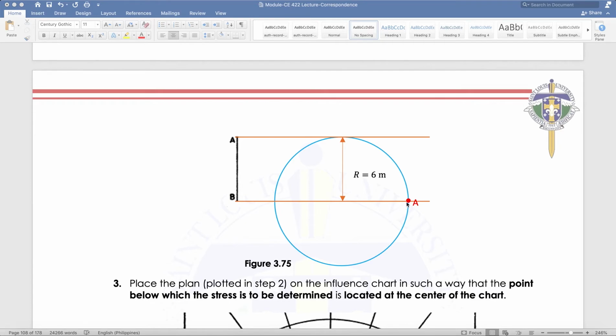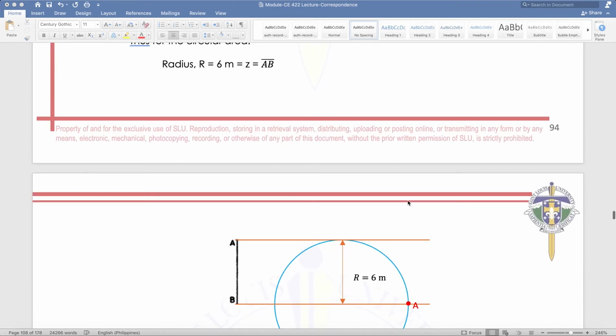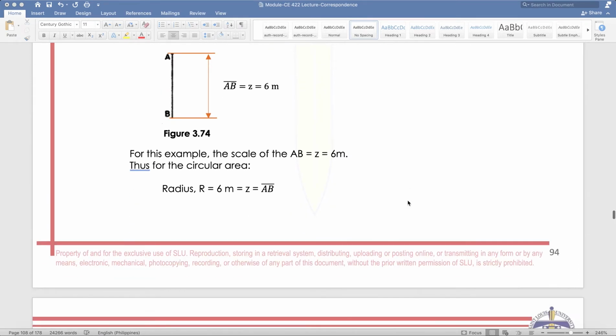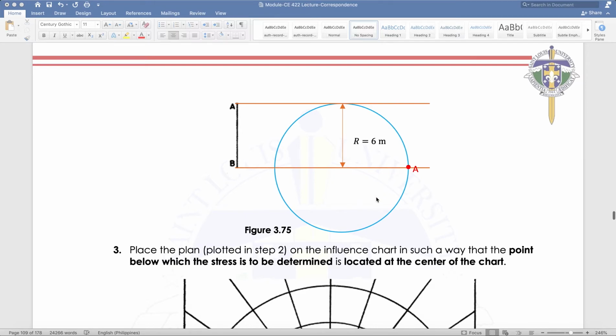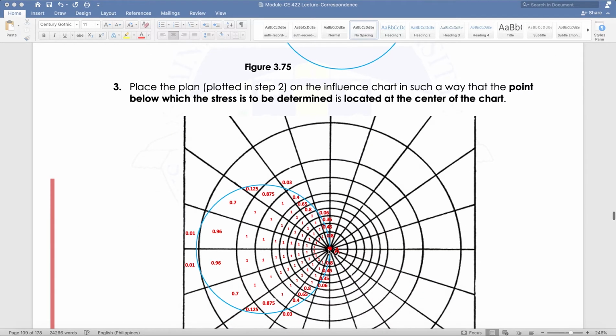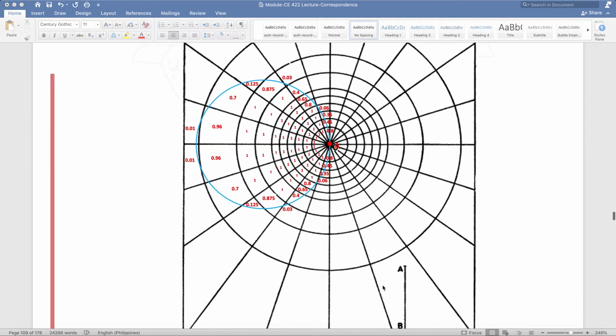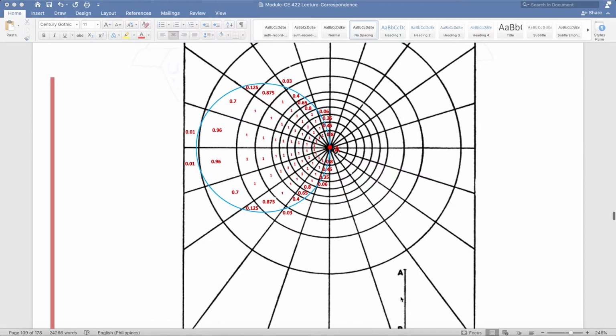So etong kung saan natin hinahanap yung point, di ba? Delta sigma z at point A, itatapat natin dito sa gitna. Nakascale yan in such a way na itong 6, ibig sabihin from this point to this point din ay 6.